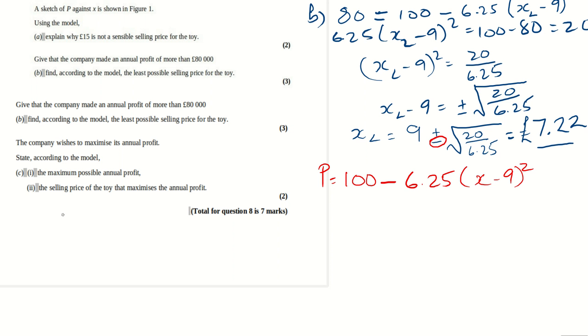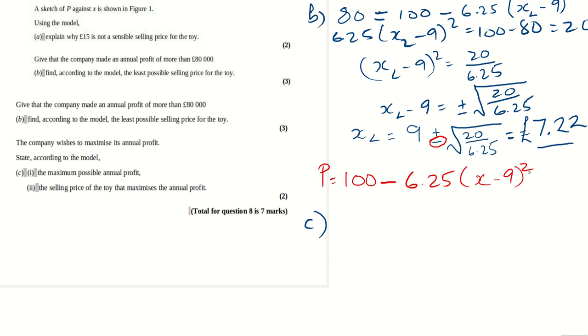Right, for the last part of the question, it says the company wishes to maximise its annual profit, and we've got to find what the maximum possible profit is and the value of x which corresponds to that. Well, if we look at the equation, we're actually subtracting something away from 100.